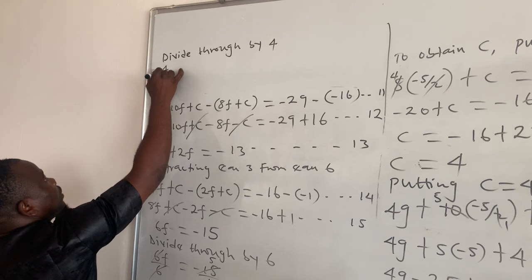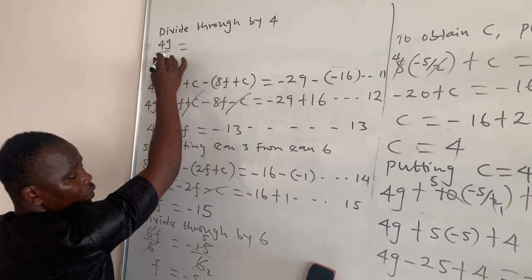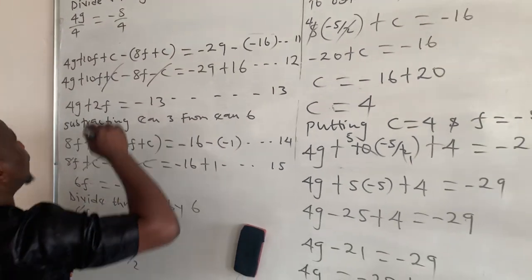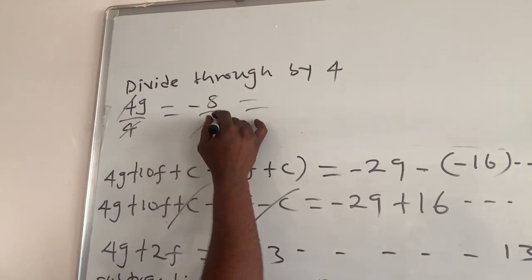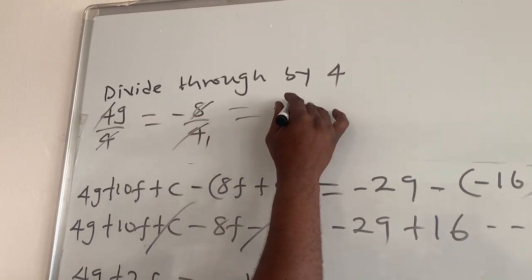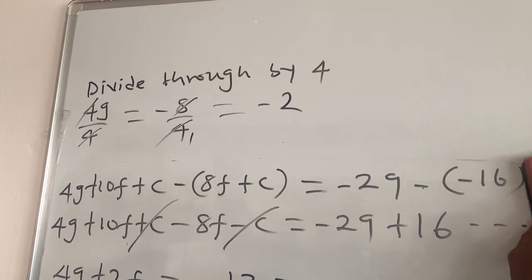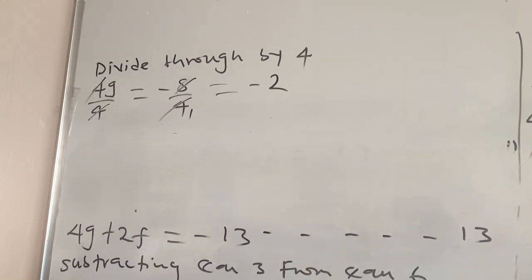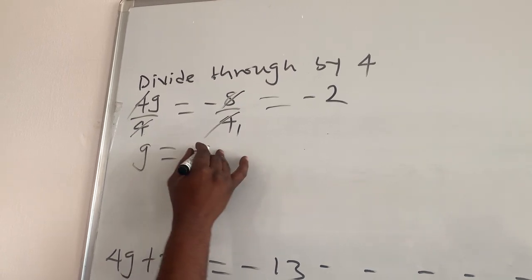So this will be 4g all over 4 equals to minus 8 all over 4. This and this will go. It will give us minus 2. It implies that our g is equals to minus 2.